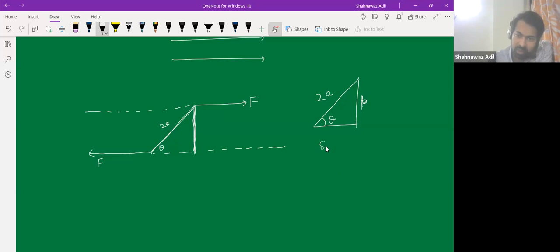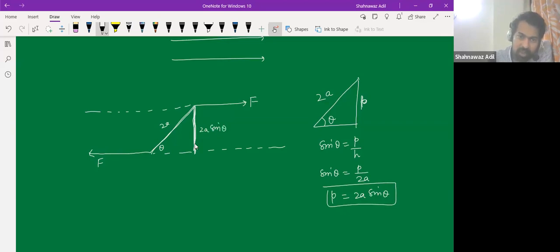Sine theta is P by H, right? This relates the perpendicular and the hypotenuse. So I want to calculate the perpendicular from the hypotenuse using sine. So the perpendicular would be 2a sine theta. This distance is 2a sine theta.